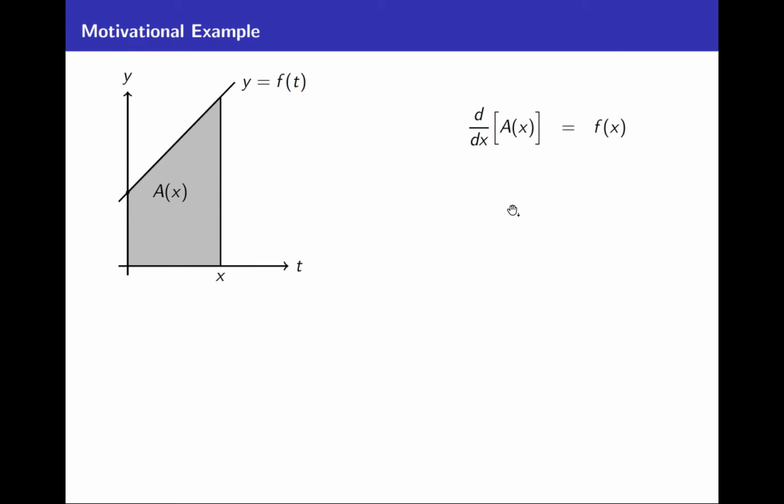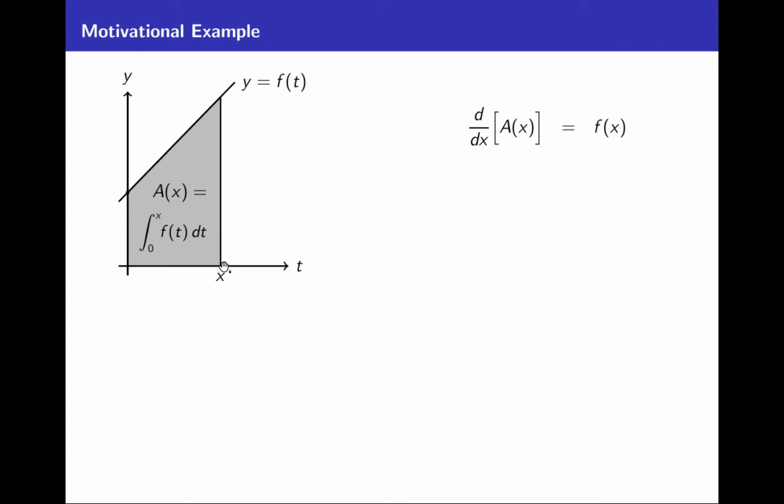Now, let's analyze what's going on here. We know that a of x is the area under that curve. It's the definite integral from 0 to x of f of t dt. That was one of the interpretations of a definite integral. So this integral from 0 to x, f of t dt, which gives the area a of x, is actually a function of x.